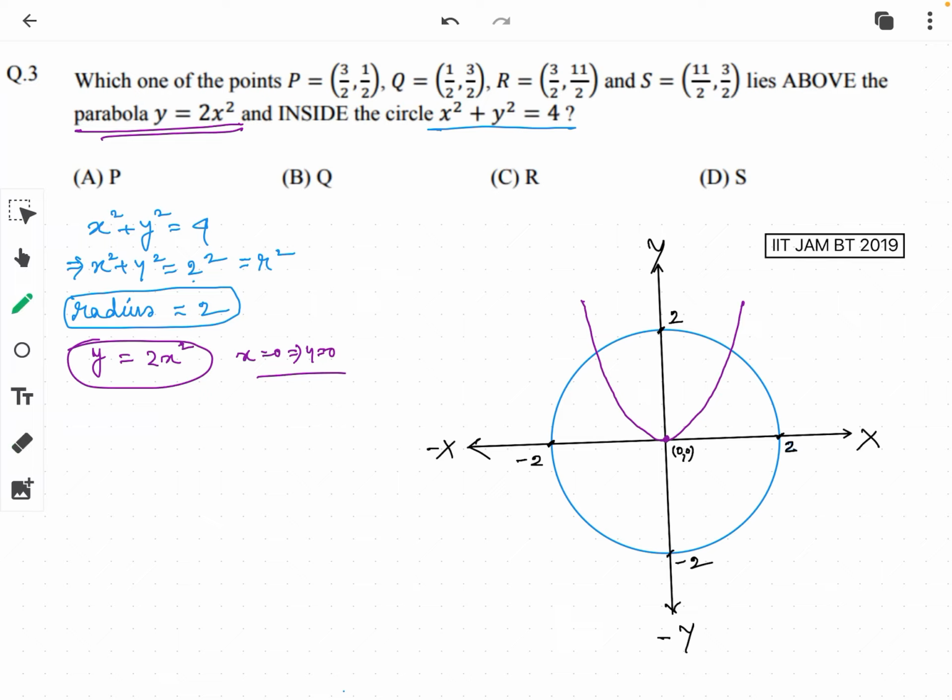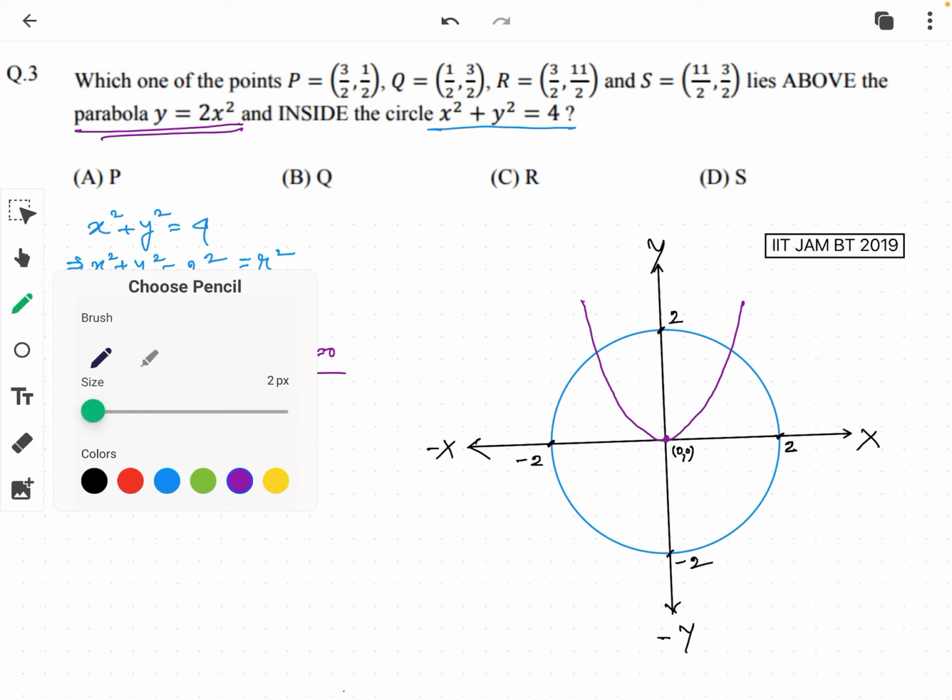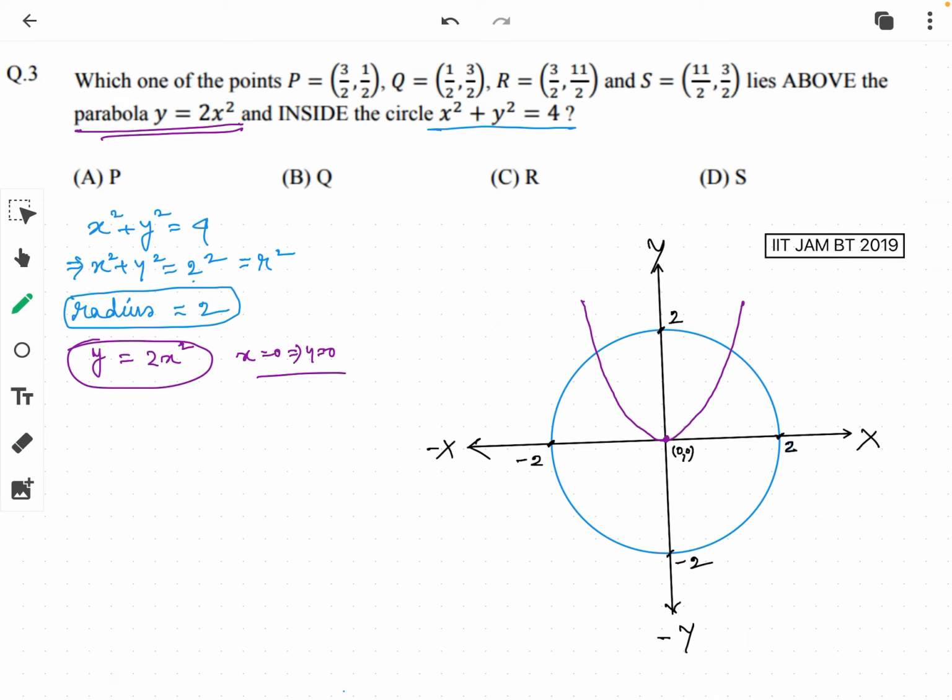So now we have the point P equal 3 by 2 comma half. That is, we can write this point as 1.5 comma 0.5, right? The point Q is half comma 3 by 2.